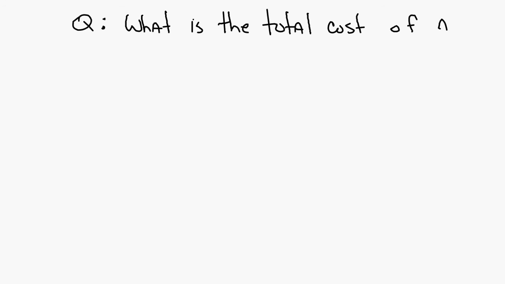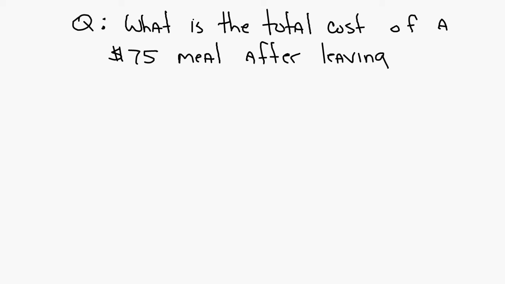So, what is the total cost of a $75 meal after leaving a 20% tip? That means you have to find 20% of 75 and add it to the 75.